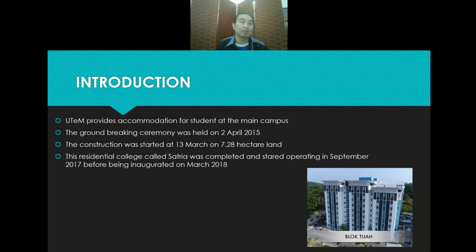This residential college was completed and started operating in September 2014 and was inaugurated in March 2018, at the rebranding of My Rent to My Rent Act.